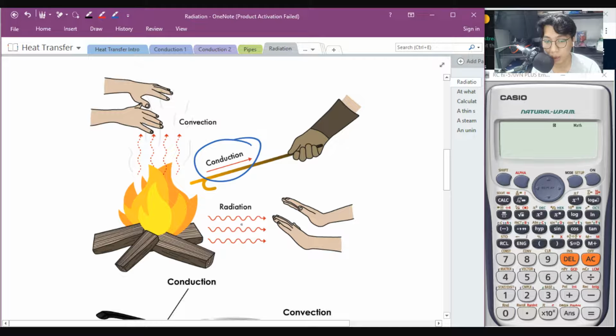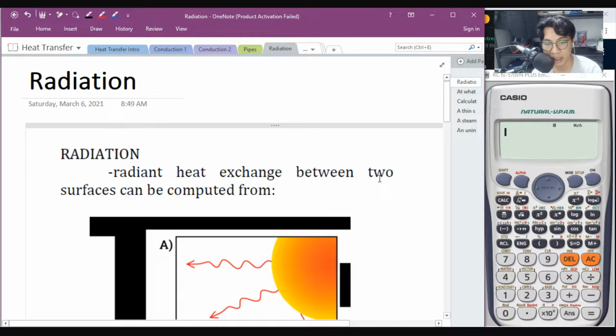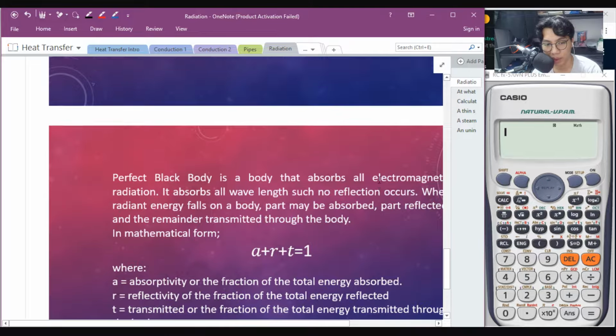Now, we are using radiation. Kung ang convection, meron kang yung umaakit na init dahil yan sa nag-heat up yung iyong air particles, which is also a fluid in form of a gas. And the radiation, ang radiation po, it is the heat transfer, a radiant heat exchange between two surfaces.